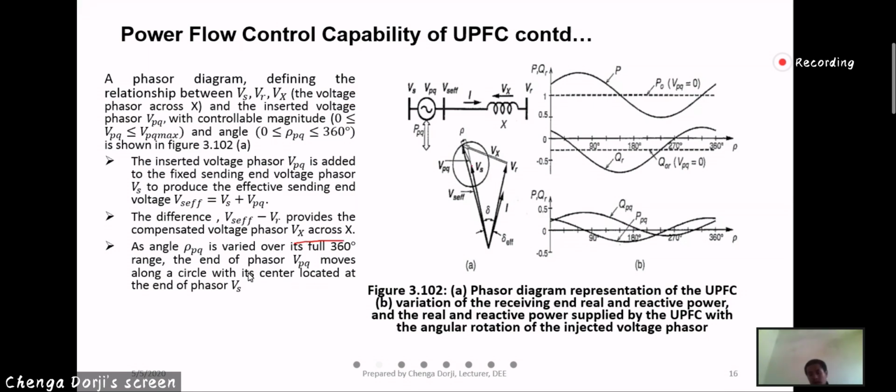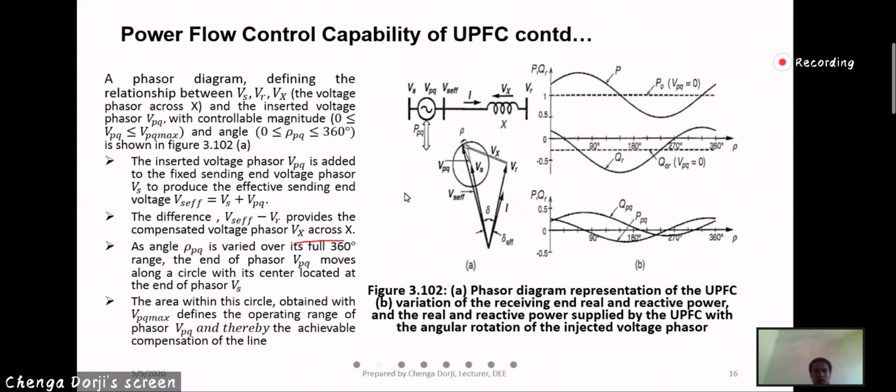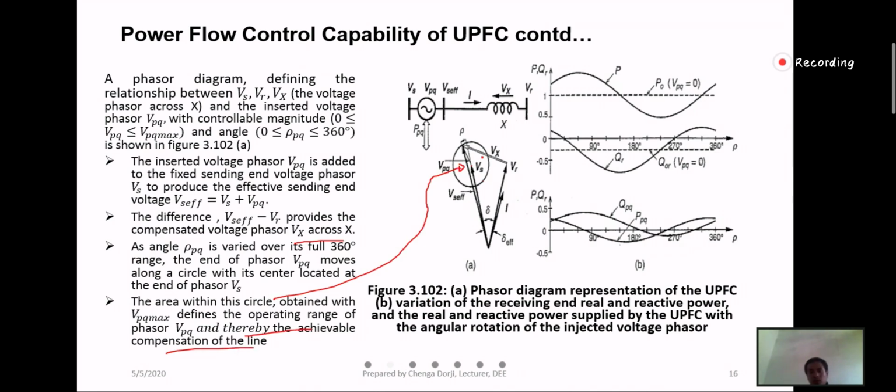The significance of this circle will come later when we do the contouring of the different power controls. The area within this circle defines the operating range of the Vx phasor, which is achievable for compensation of the line. So you will be able to achieve compensation along this area.